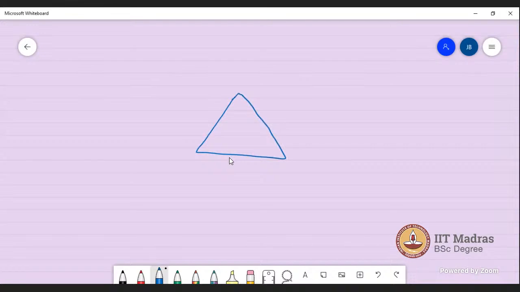Let's say this is x1. I'm thinking of an x coordinate and a y coordinate.